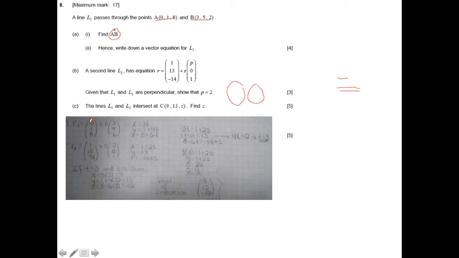Remember, guys, that the first line represents the x's, the second one represents the y's, and the third one represents the z's. Same thing for line 2. That's how you get that x is equal to 1 plus 2s, y is equal to 13, and z is equal to minus 14 plus s.